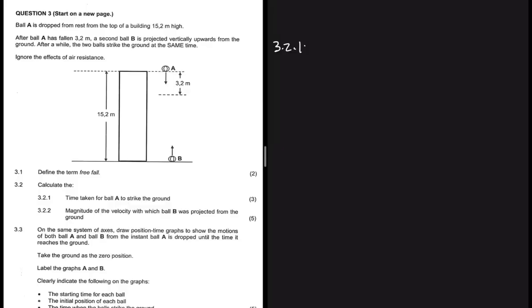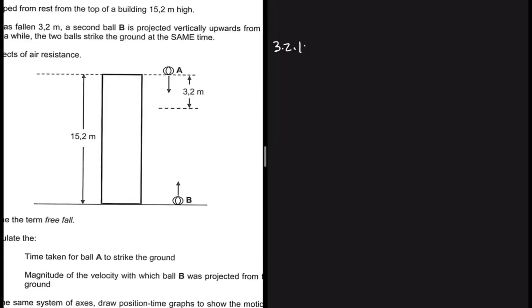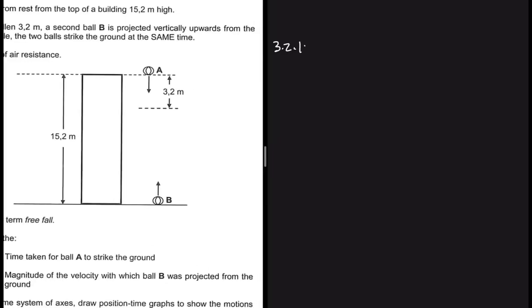3.2.1. The question is saying let's calculate the time taken for ball A to strike the ground. So let's look at ball A here. It is released from a height of 15.2 meters above the ground. When it is released, we know fully well that VI is equal to 0 meters per second.